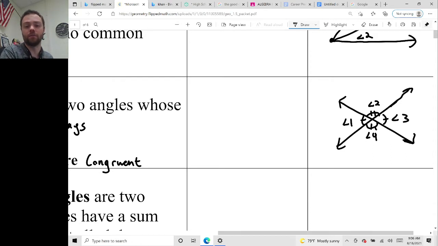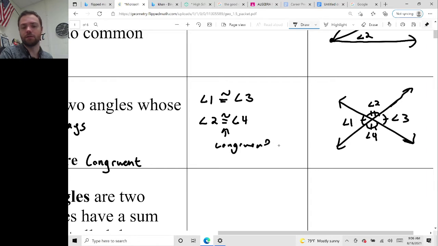So not the same angle, but so we have that angle 1 is congruent to angle 3, and then we have angle 2 is congruent, so an equal sign with the squiggle above it, to angle 4. So that just means congruent.